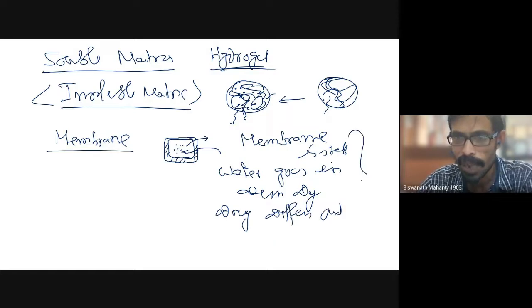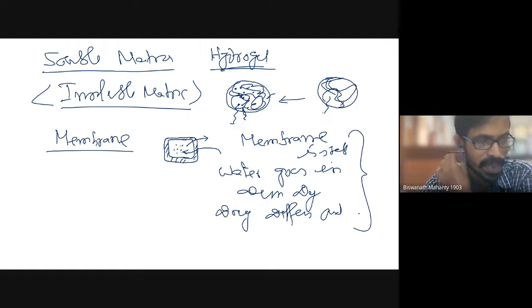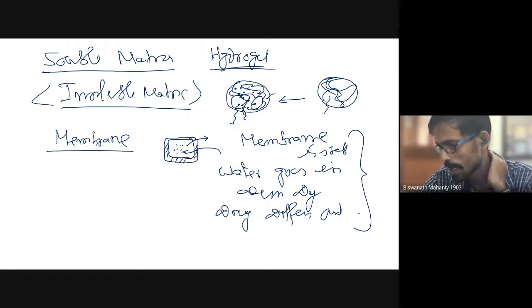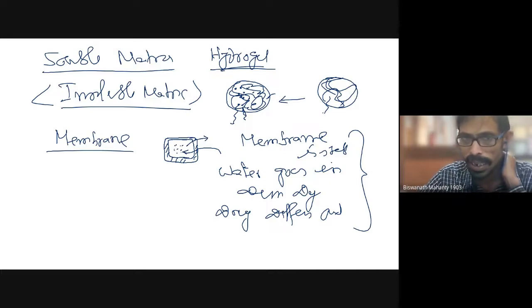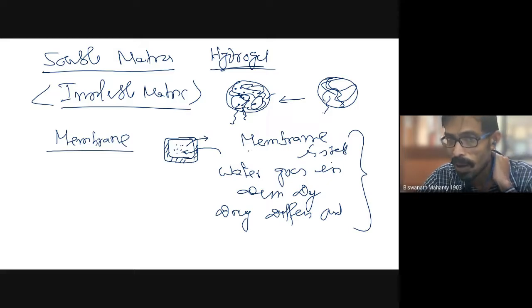These kinds of approach are known as membrane-based sustained release formulation. Am I clear? So here you have the drug molecule core. There is a coat above. The membrane allows water to come in, so water molecules can go inside. Once water is coming, please remember the steps.